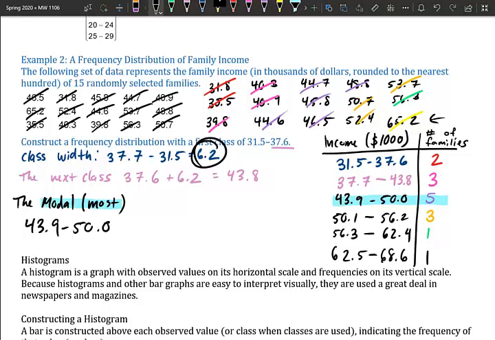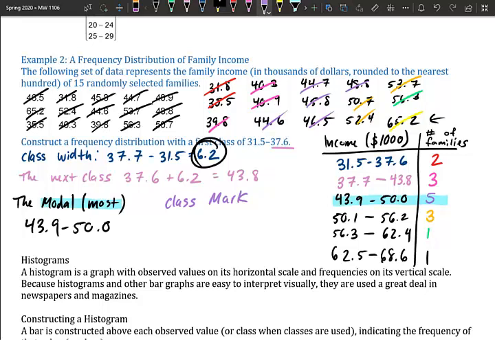We can find the class mark. The class mark is kind of like the midway point of the classes.